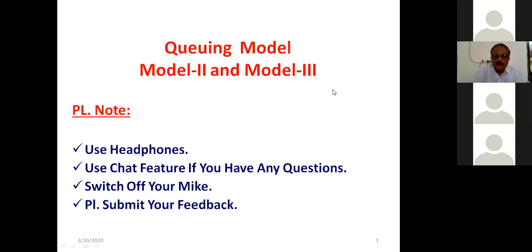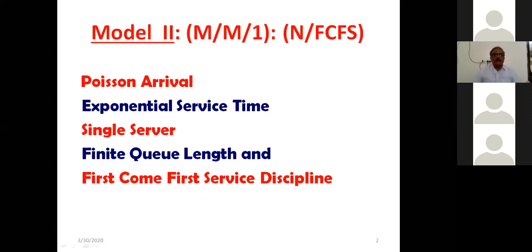Now let us move to model number 2. You can see model number 2 by using the Kendall's notation. We have written it as M/M/1/N/first come first serve.